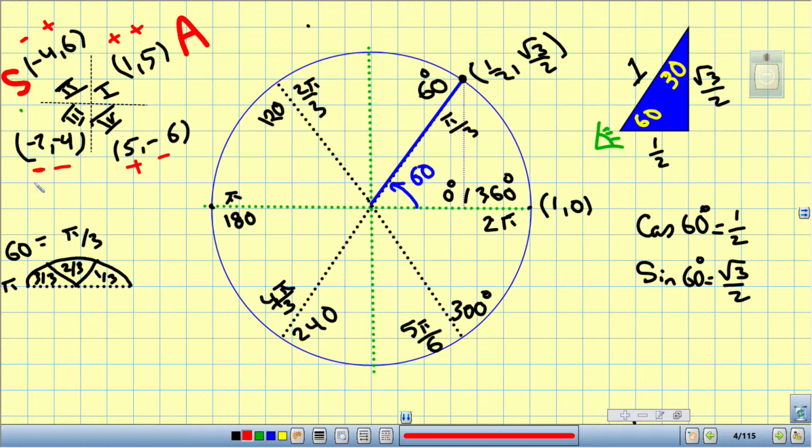All students. T for the third quadrant: tangent is positive, because if you have negative sine and negative cosine, the tangent is going to be positive. All students take, and then the last one is calculus, or C: only the cosine is positive. The cosine is positive here, but not the sine or the tangent. So you could remember all students take calculus. If you forgot, which is perfectly fine, you just pick a point in that quadrant, and that should tell you the corresponding positive or negative of that point.